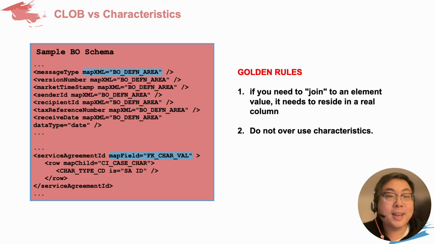In those cases, I would suggest we think about a different solution. Maybe store that in the CLOB, and then use a script to read the BO as a whole and then present the values. So there are different design decisions based not only on the nature of this field, but also on how this field is being used in the business.